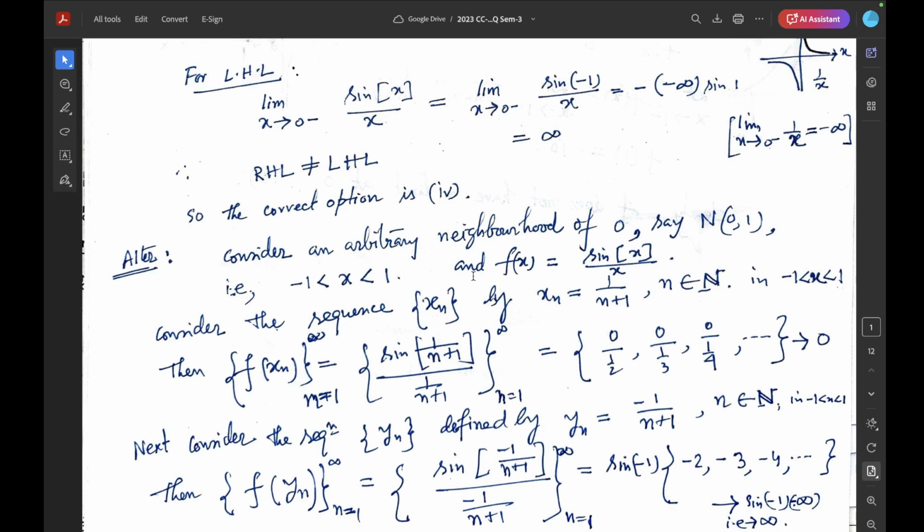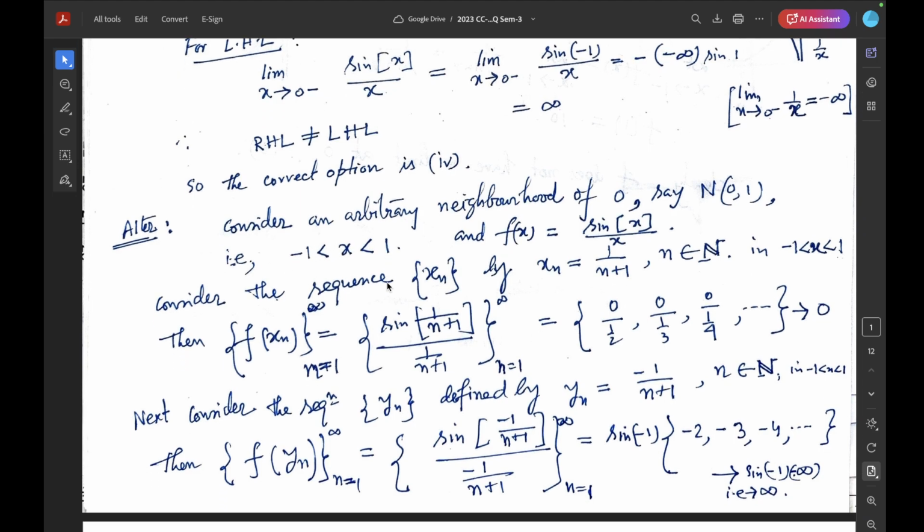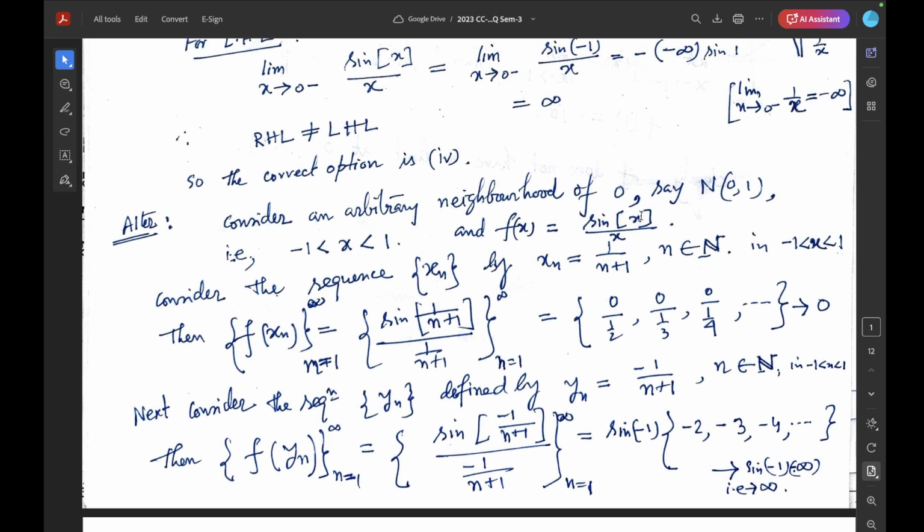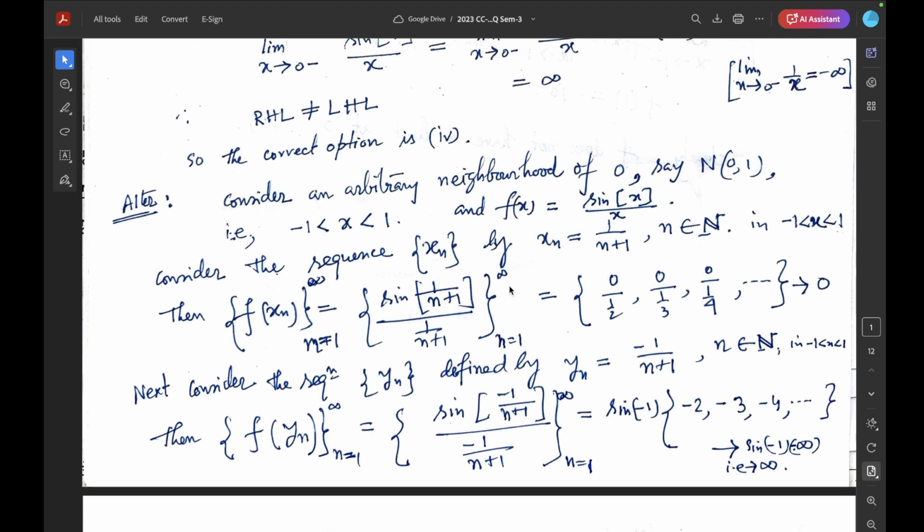Alternatively, you can use sequences. Consider an arbitrary neighborhood of 0, say with delta equal to 1, that is -1 < x < 1, and f(x) equals sine of box x by x. Consider the sequence xn equal to 1 by n plus 1, for n a natural number, within the interval -1 < x < 1.